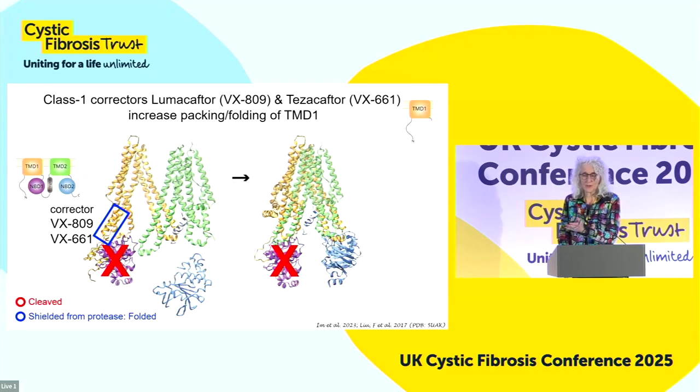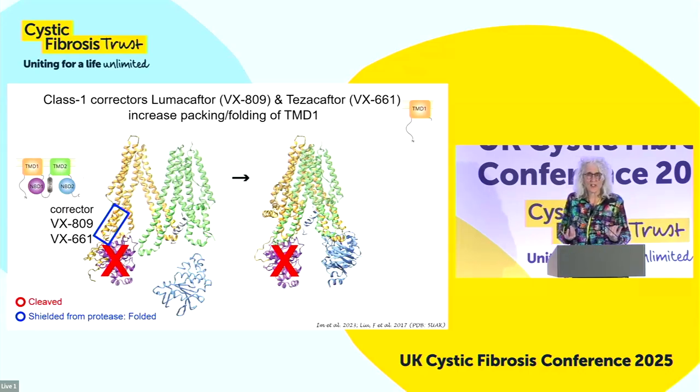The class 1 correctors do that by rescuing this N-terminus. Early on, before the embrace, they're basically stabilizing that N-terminus and stabilizing the packing, the folding of TMD1. So they're basically stabilizing TMD1, and they also work on TMD1 on its own. So by doing that, they improve domain assembly.